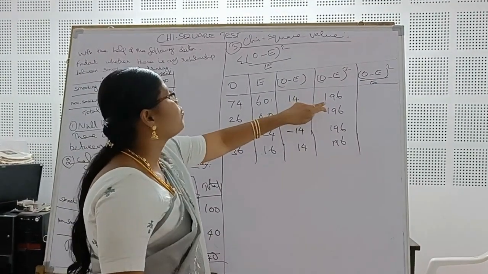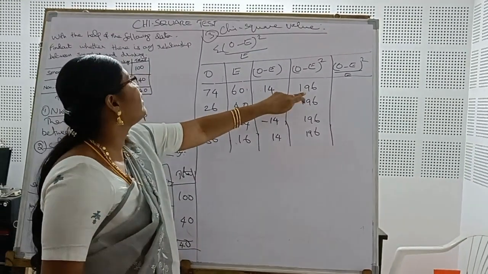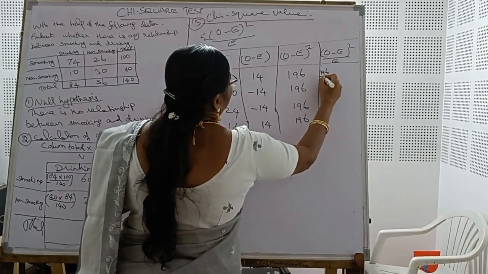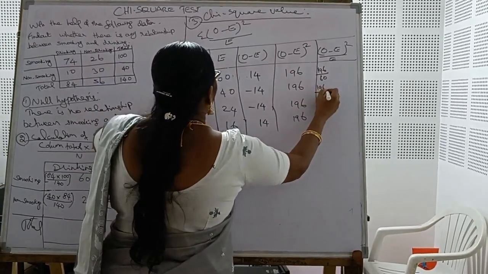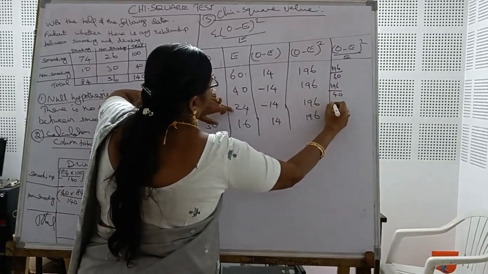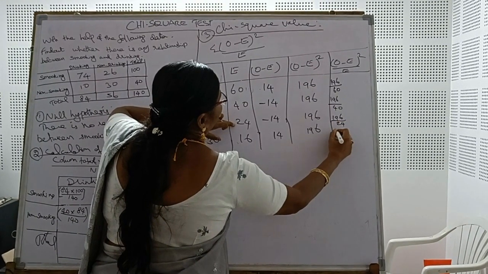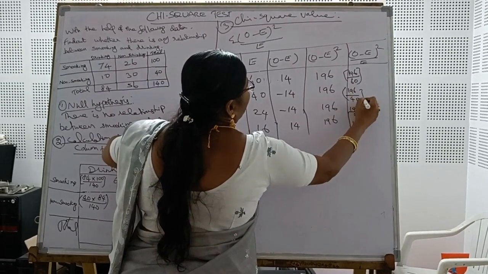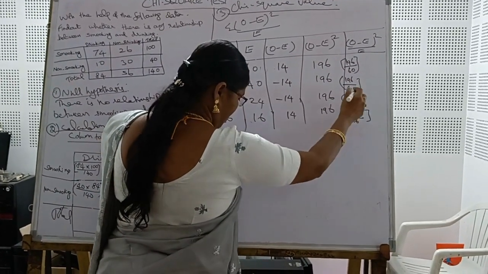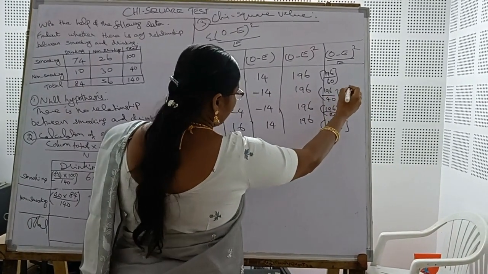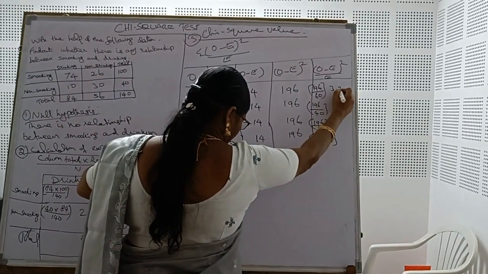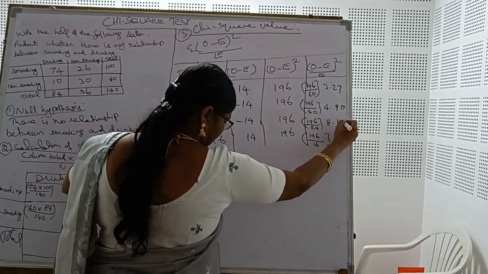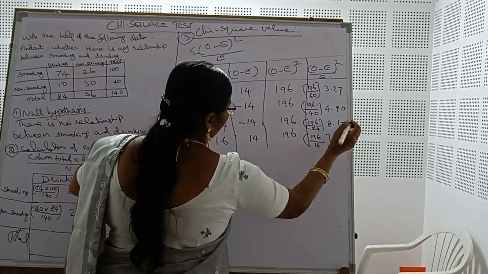And this value 196 should be divided by the expected frequency value. That is 196 divided by 60, 196 divided by 40, 196 divided by 24, 196 divided by 16. The values are 3.27, 4.90, 8.17, 12.25.